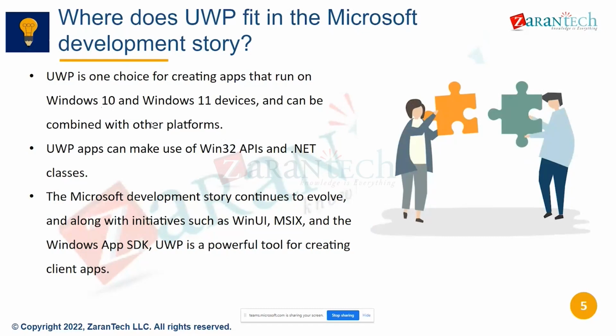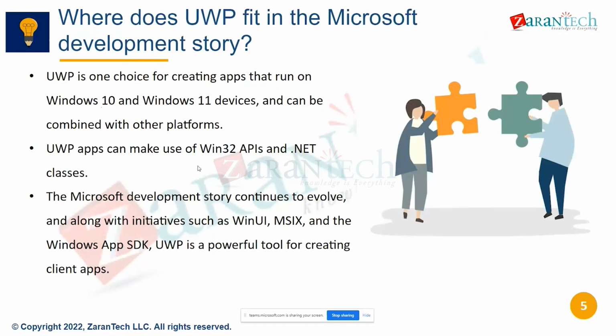Combined with other platforms means, for example, you can run it on Windows phones as well. With some kind of Desktop Bridge we can run it on some other devices as well. There is a technology known as Windows Bridge or MSIX.